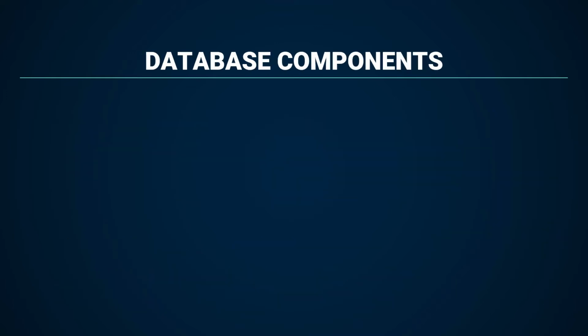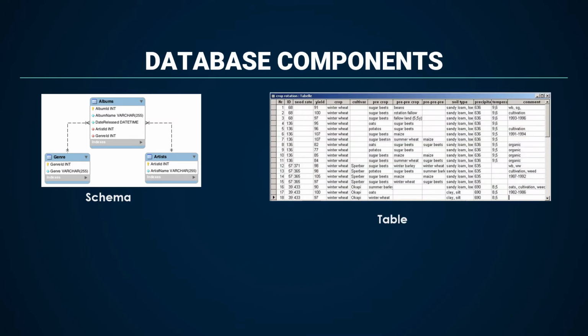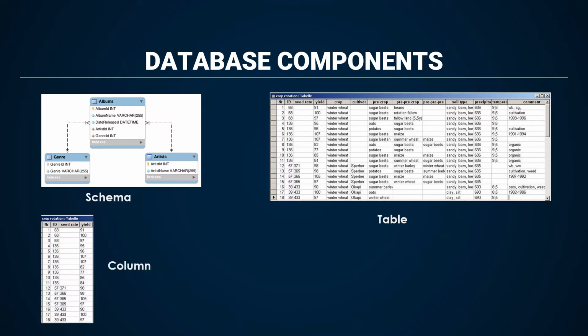Database components. A database contains one or more schemas, which is a collection of one or more tables of data. Table. Each table contains multiple columns which are similar to columns in a spreadsheet. Column.